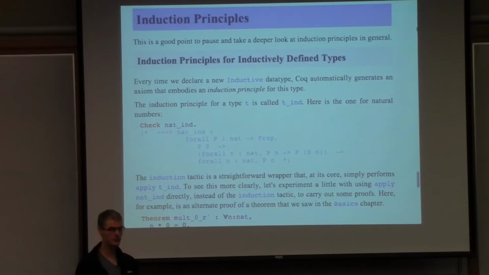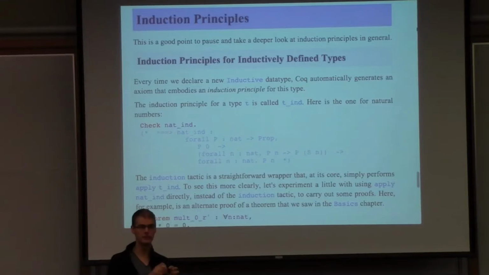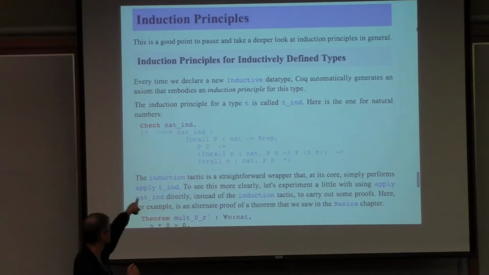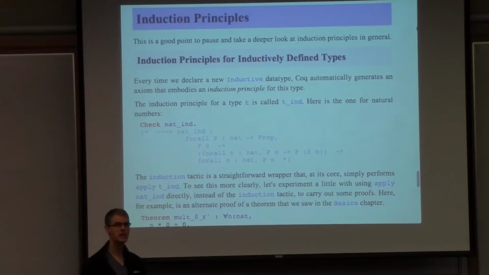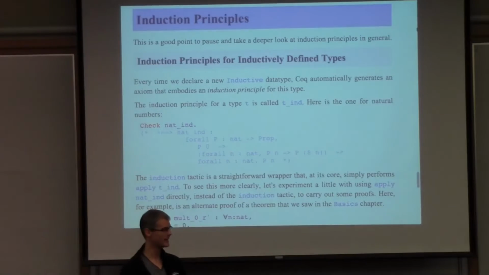When you give an inductive definition, what gets defined is the constructors, which are axiomatic evidence for building elements of the inductive type, plus this thing, which is an axiomatic way of pulling apart, an axiomatic eliminator, if you want, for the inductive type.